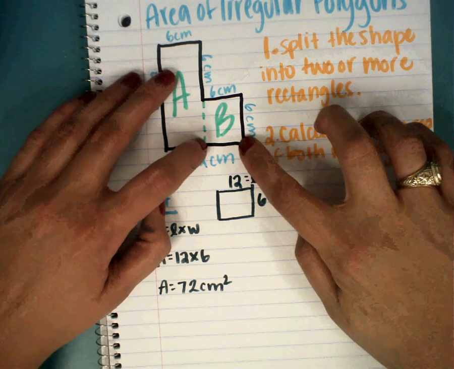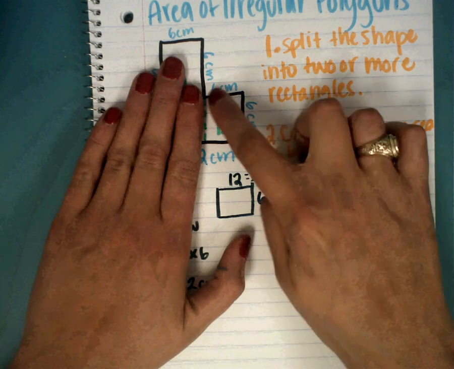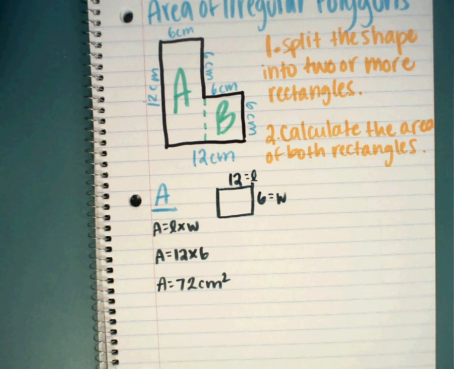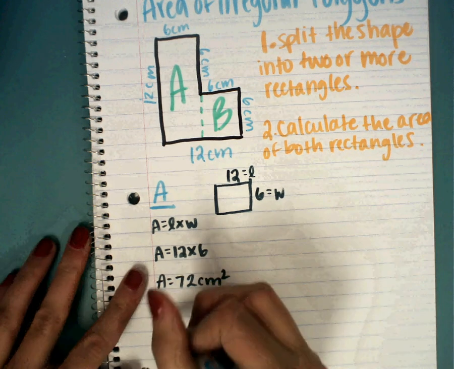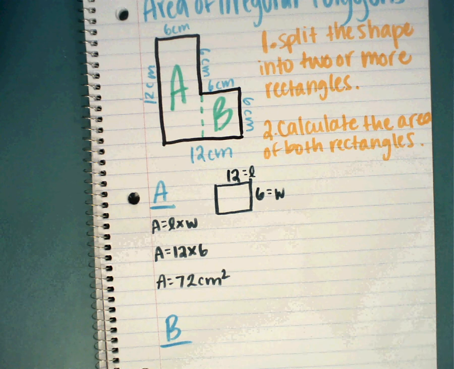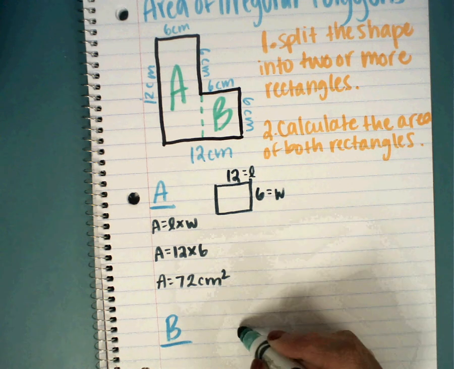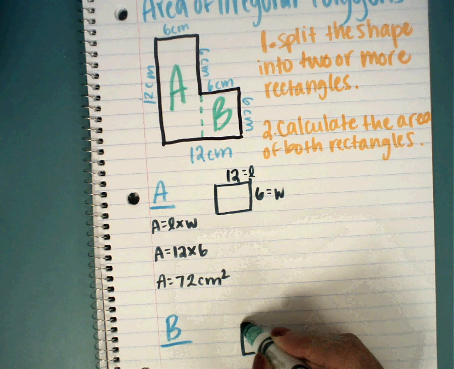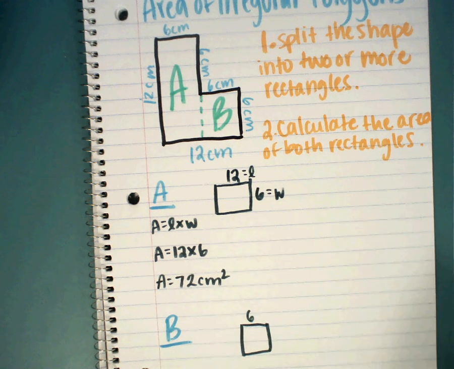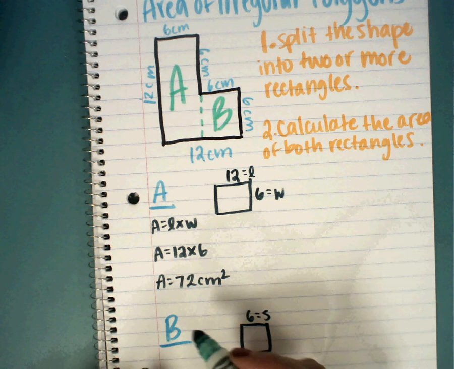All right? So let's do B down here. And technically that's a square, right? Let's draw our square. 6. And that's going to be our side, right? Remember how we calculate area of a square? It's A equals S times S, side times side.